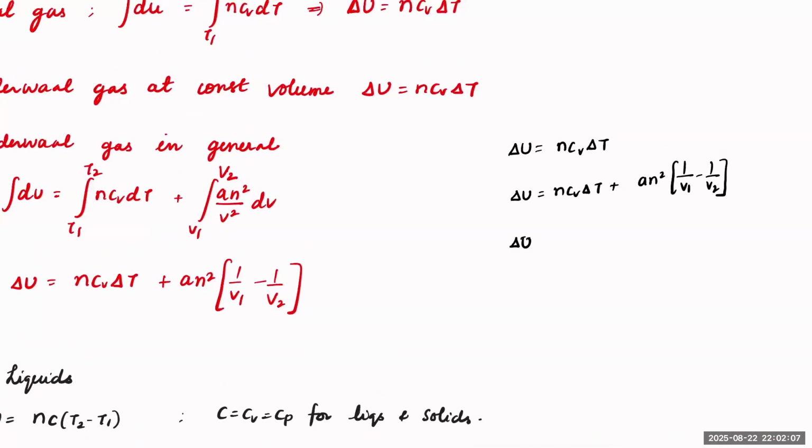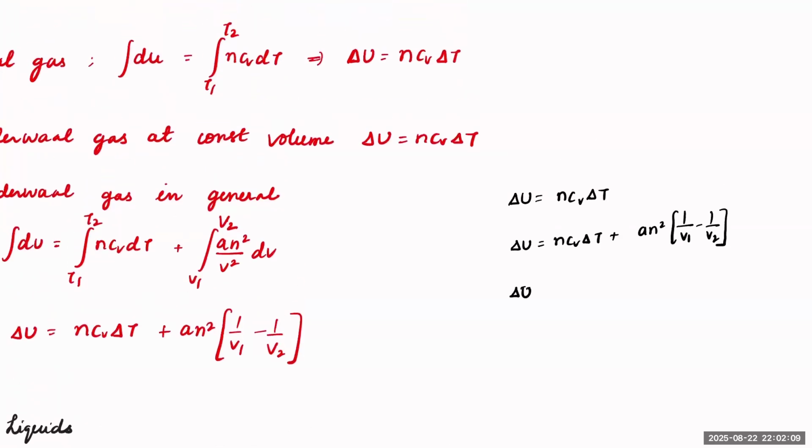In case we have liquids, then what do we write? See, go back to the original equation: dU is equal to ∂U/∂T at constant volume into dT plus ∂U/∂V at constant temperature into dV.